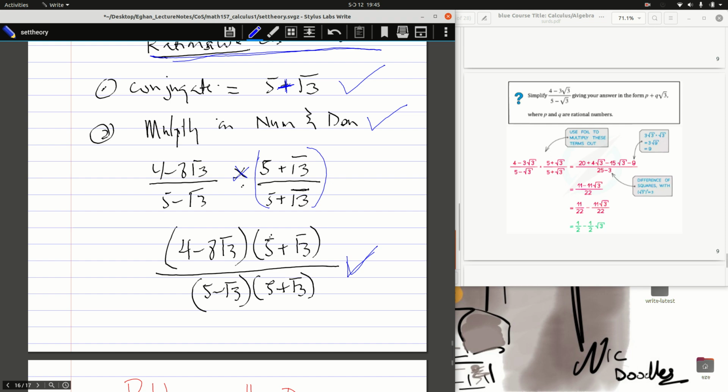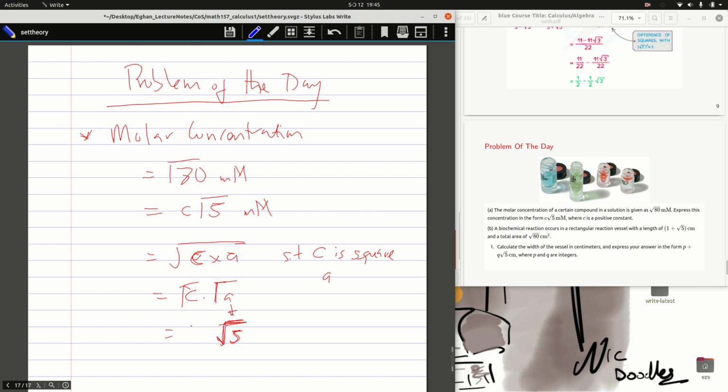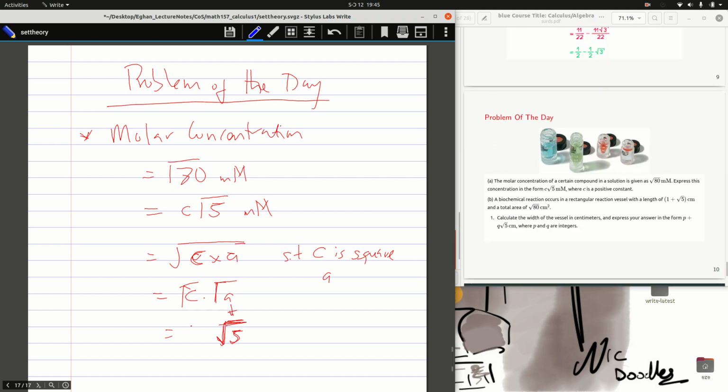Okay. Now to the last thing, that is the problem of the day. What are we working on? Again, I would always stress this. When you see a word problem, you take your time, you read, you make extractions, and then you solve. So let's look at A. A says we are looking at some molar concentration of a certain compound in a solution. The solution is given.